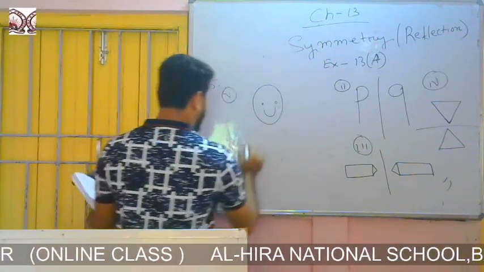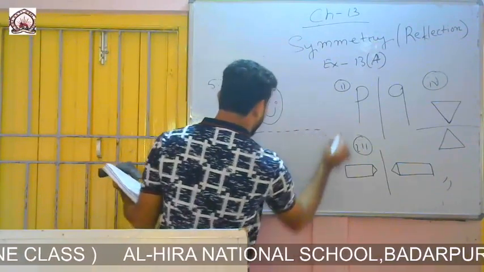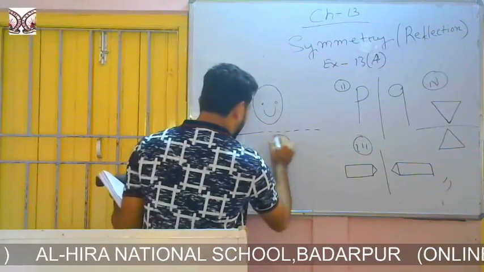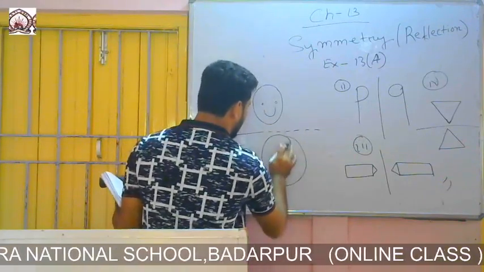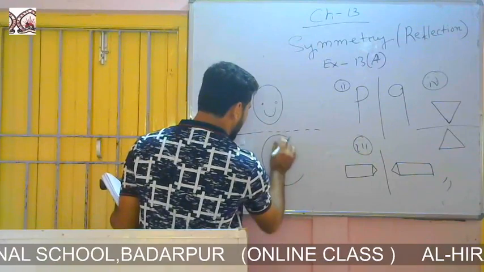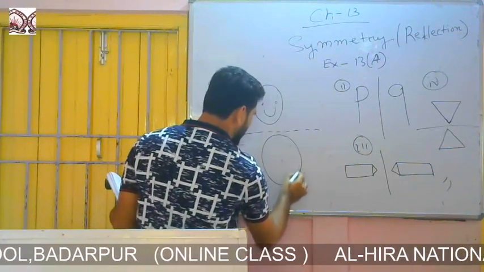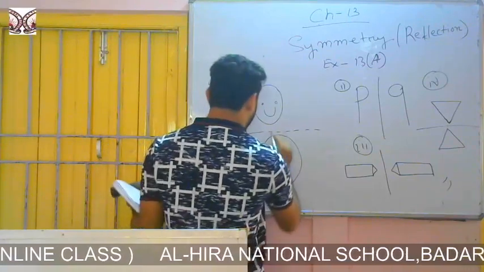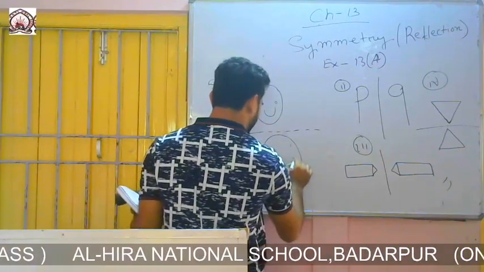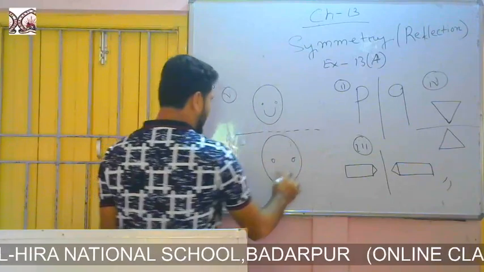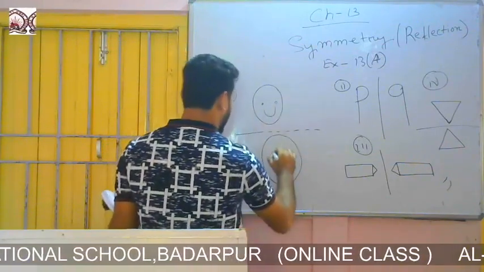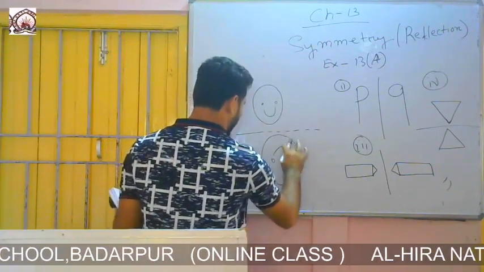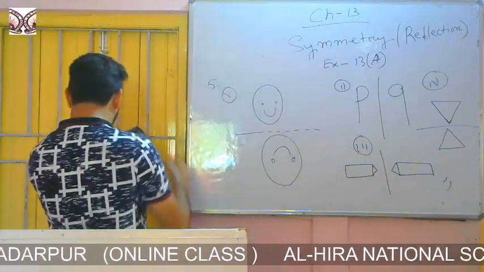Then if this is the mirror, the smile will come like this, and the smile will come like this. This will remain the same after reflection, and this one will go to the upper portion like this.